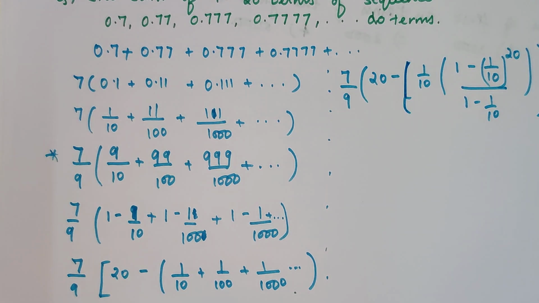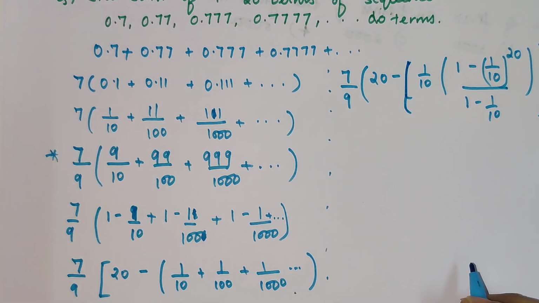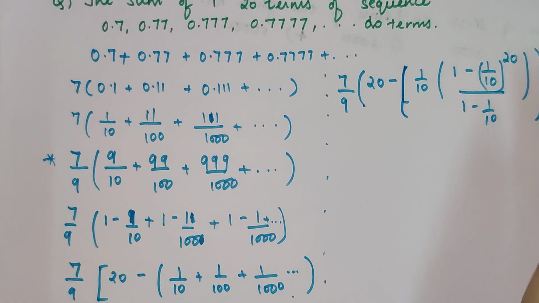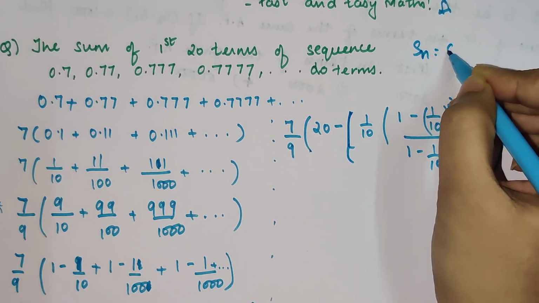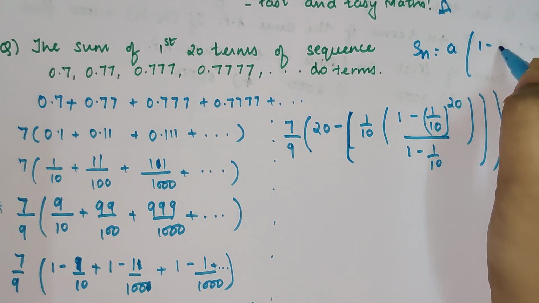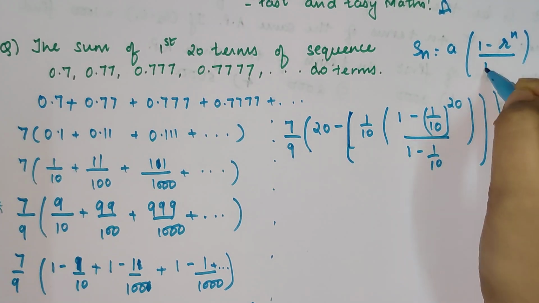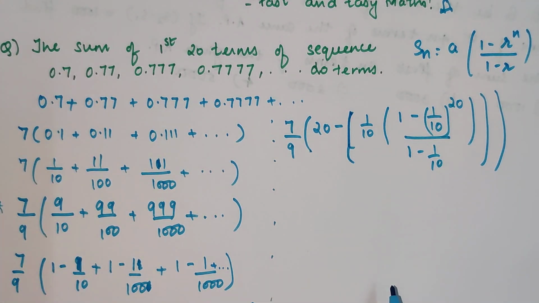I'm just going to make this bracket a bit bigger, and close this particular bracket for this one. So just for someone who has not understood, the sum of n terms is a into 1 minus r raised to n upon 1 minus r.